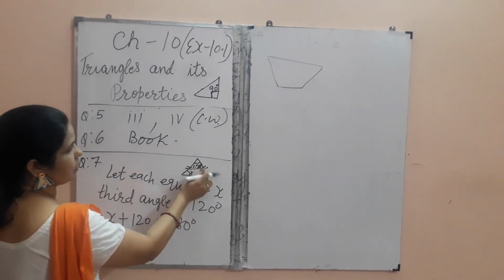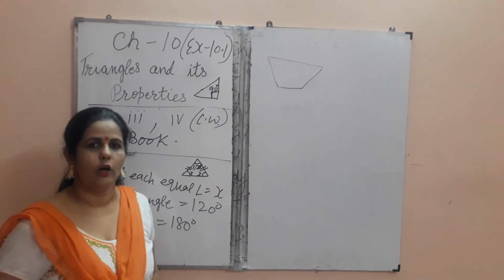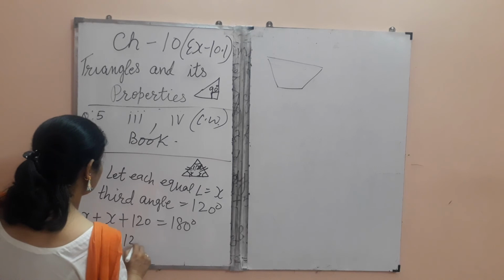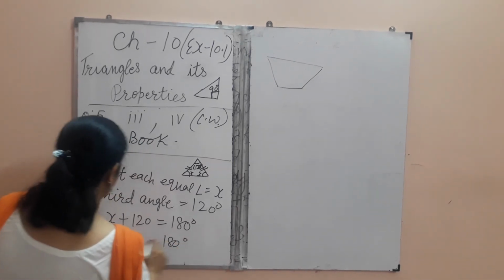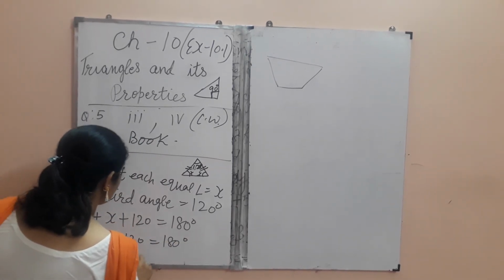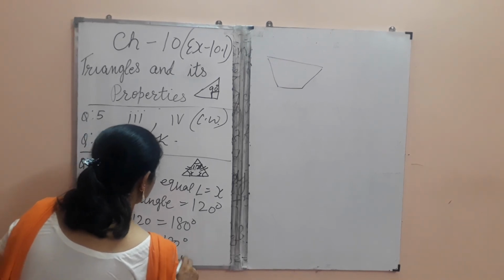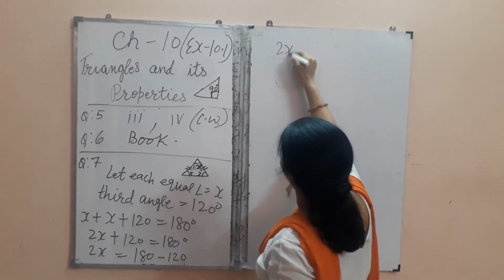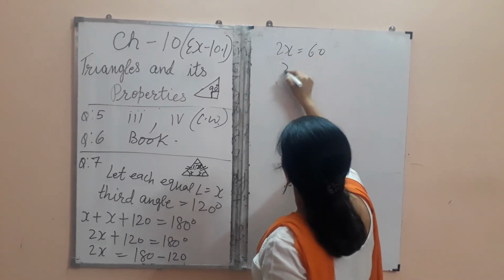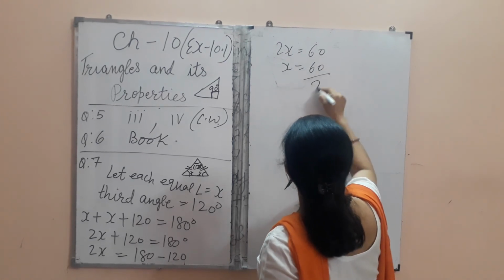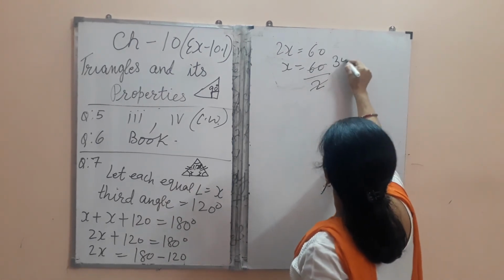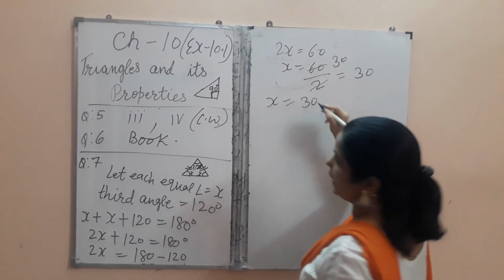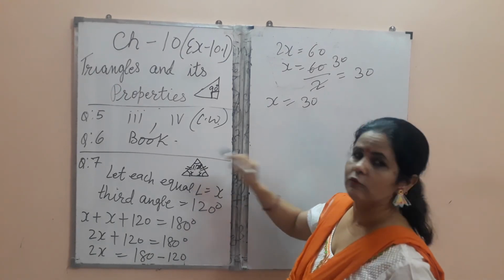Because the sides are equal, its opposite angles will also be equal. So 2x plus 120 equals 180 degrees. 2x equals 180 minus 120. 2x equals 60. x equals 60 upon 2, which equals 30. So the value of x is 30.